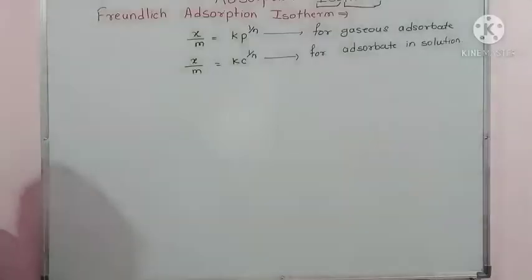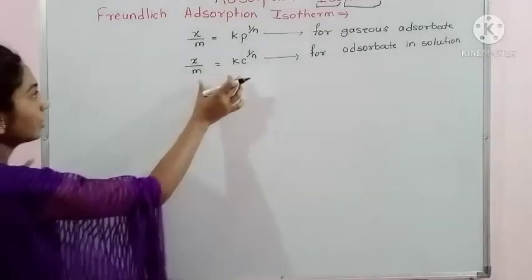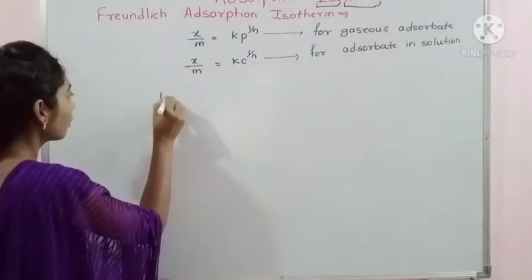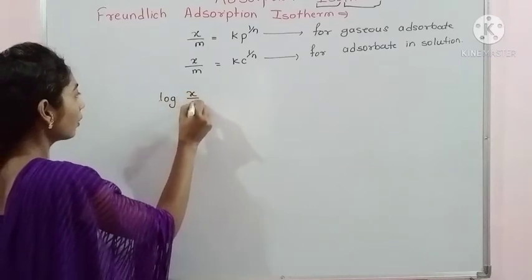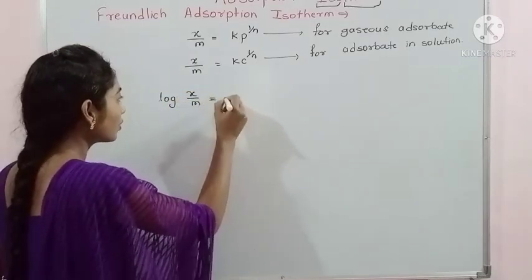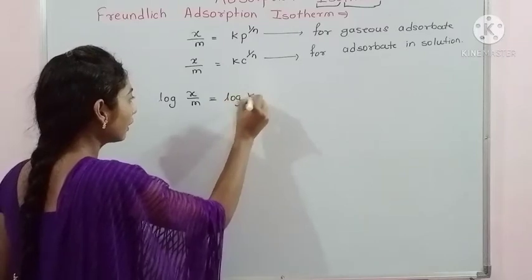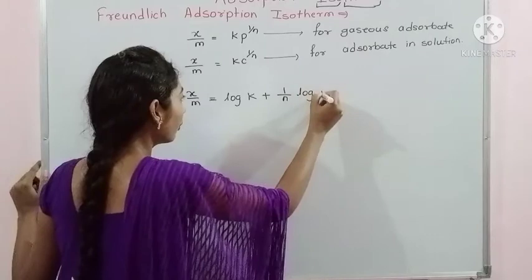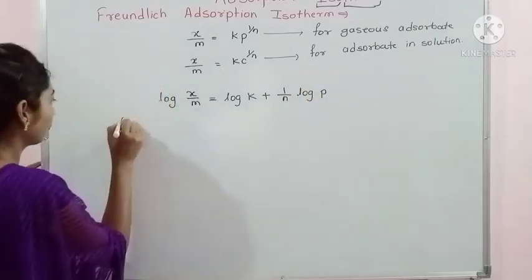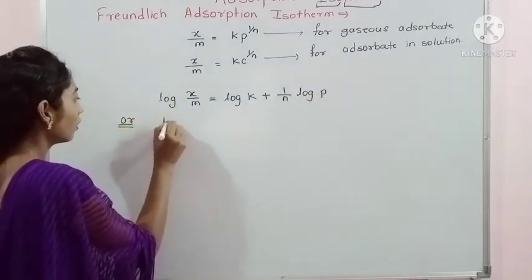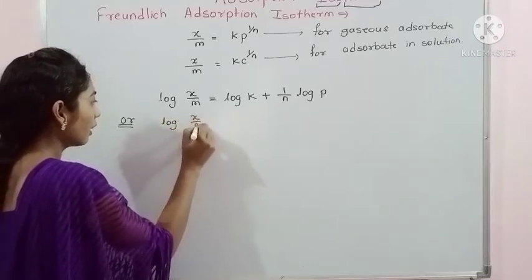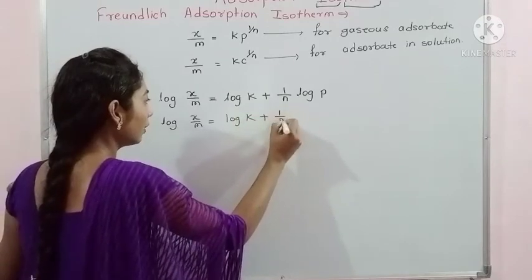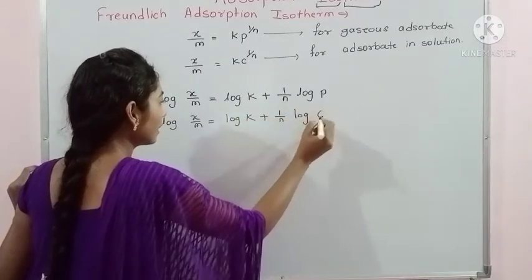If we take log on both sides of the Freundlich adsorption isotherm, the equation becomes log of x upon m is equal to log k plus 1 upon n into log of p, or log of x upon m is equal to log of k plus 1 upon n log of c.